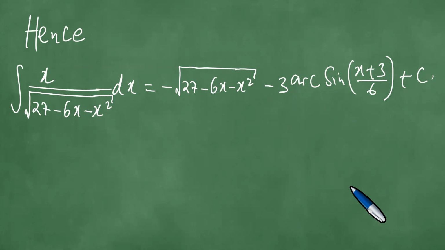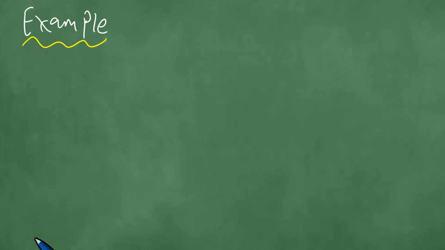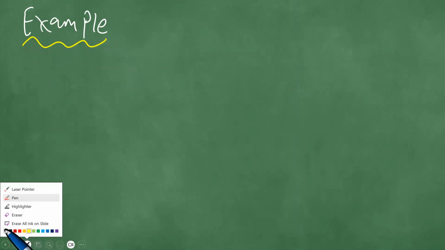It's very important that you're able to calculate the root mean square values. Let's look at the RMS values. An example. In this example, we are going to be looking at specific things, but most importantly, RMS calculations.